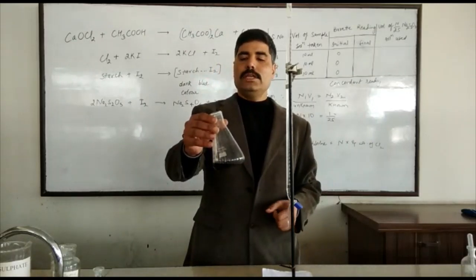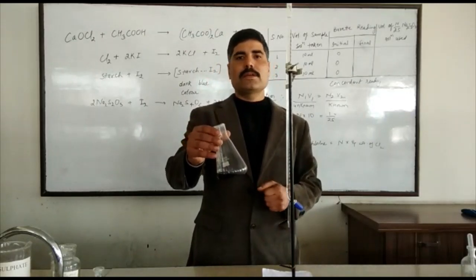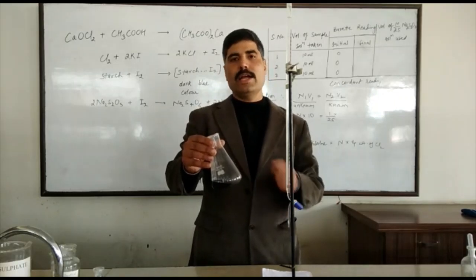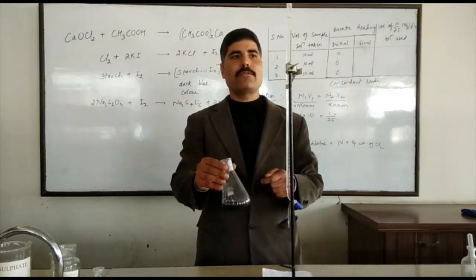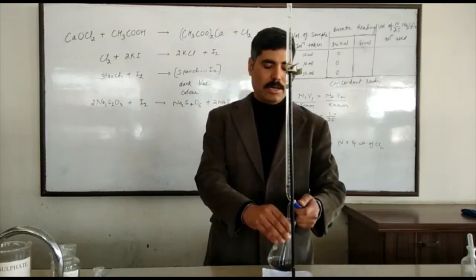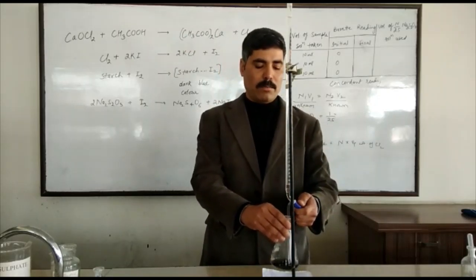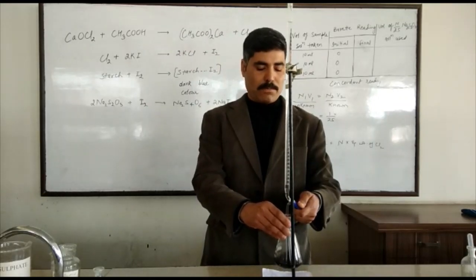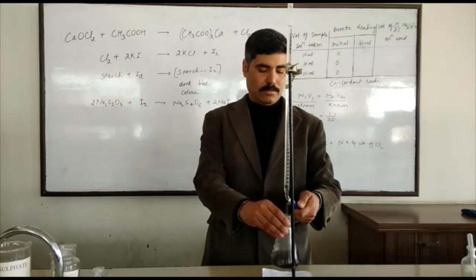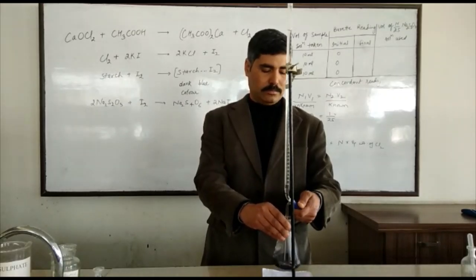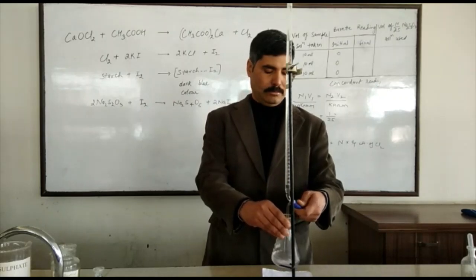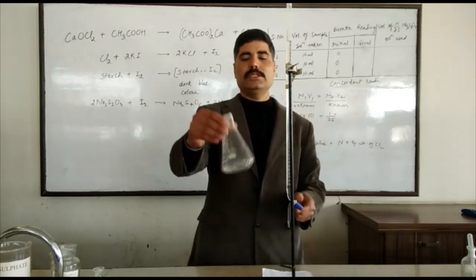And see, we get a dark blue black colored complex compound as we add the starch indicator. Now we have to further titrate till we get the endpoint, and the endpoint is when this dark blue black color disappears. See, this has disappeared.